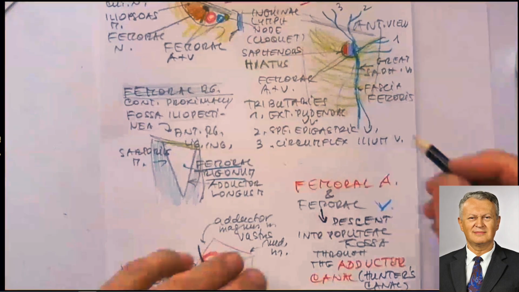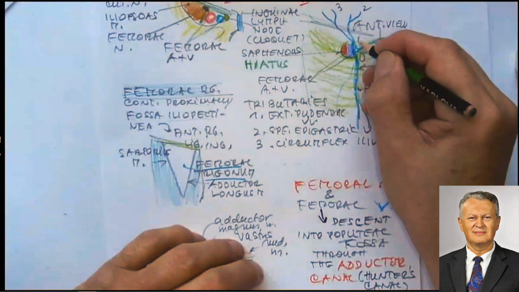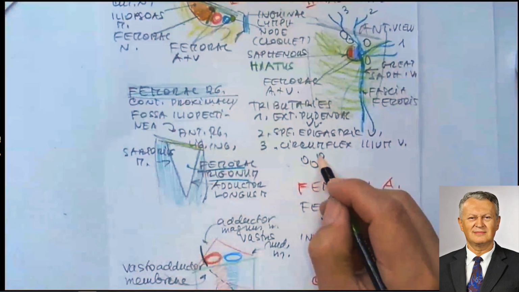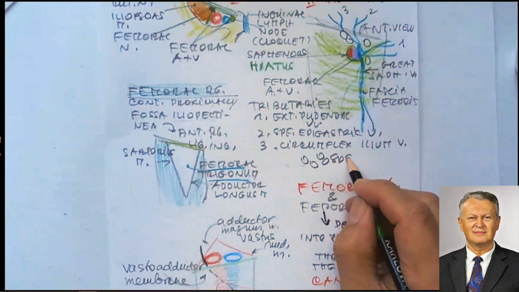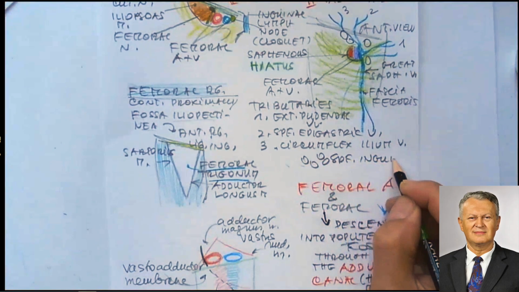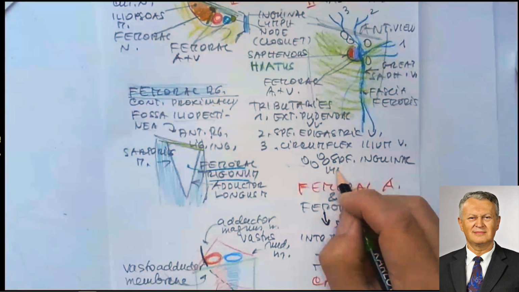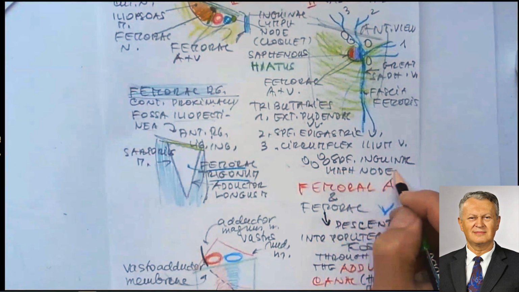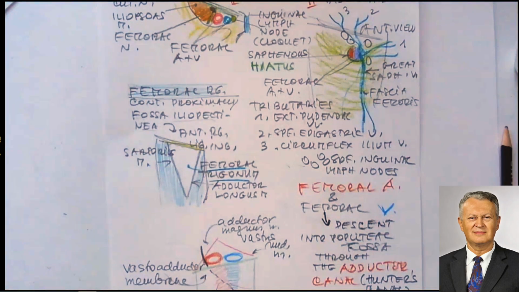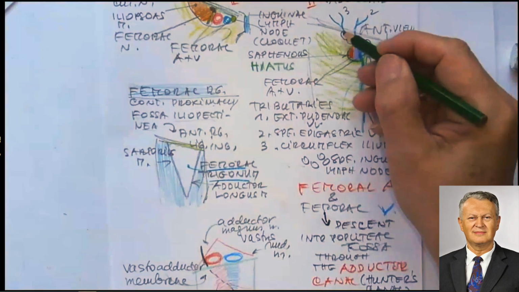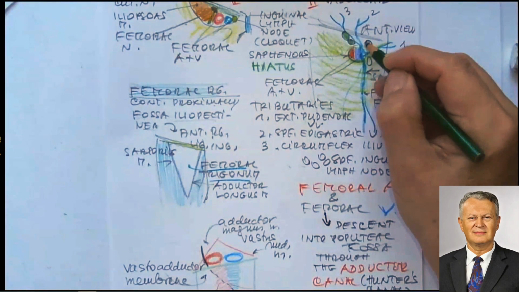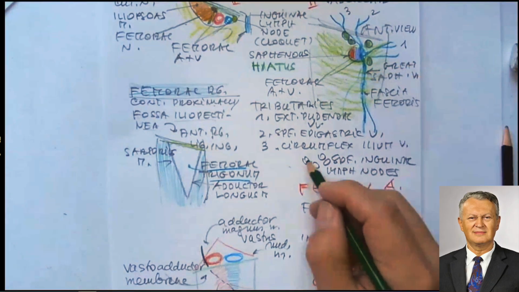So to the previous drawing, please add some oval fields to say that all these are the superficial inguinal lymph nodes. This is important, and we have to draw them. We have to color them green because this is better to see.